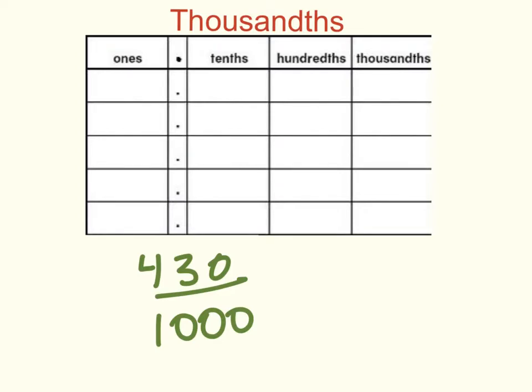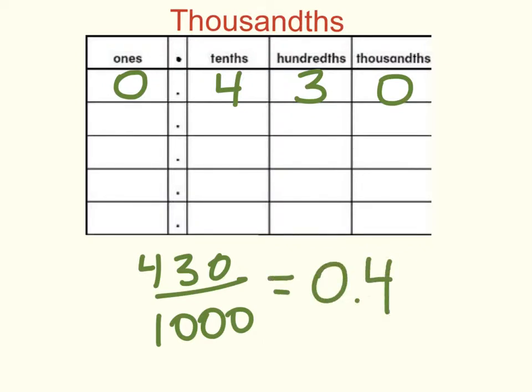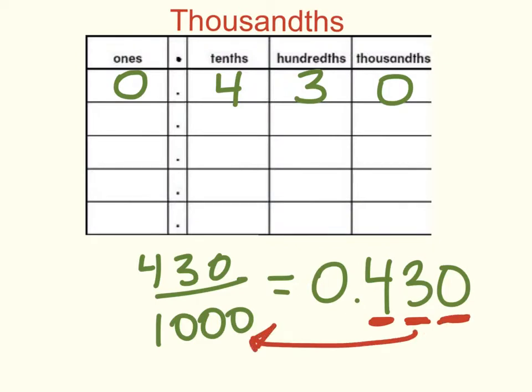So I have to make sure to write 430 like this, and I'll put a 0 in the ones place value because we have no ones. What we end up with is 0.430. I'm representing my tenths, hundredths, and thousandths, and that's important because we're showing thousandths.